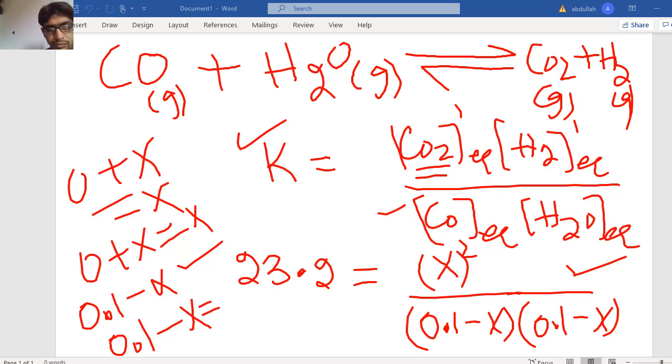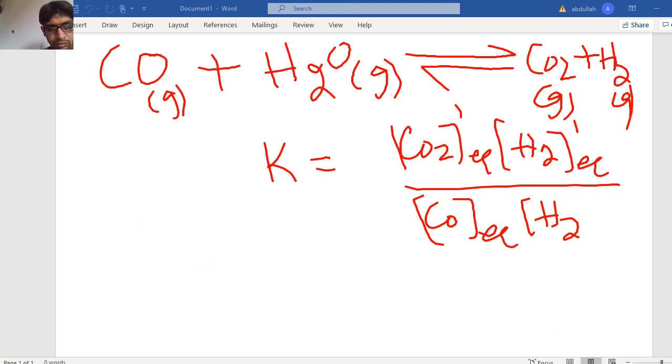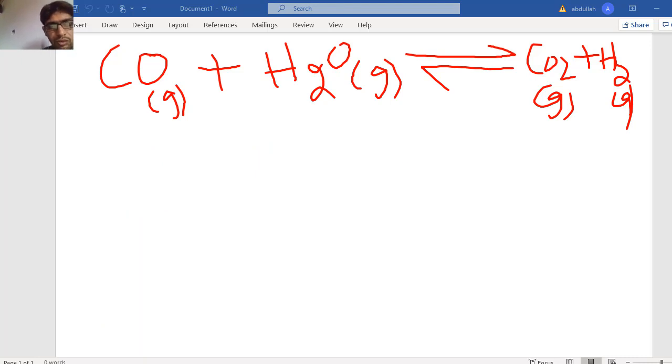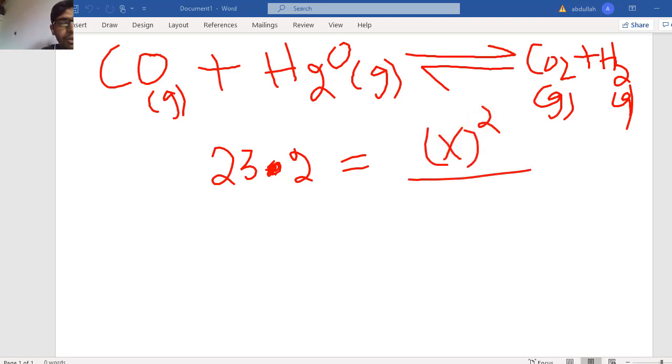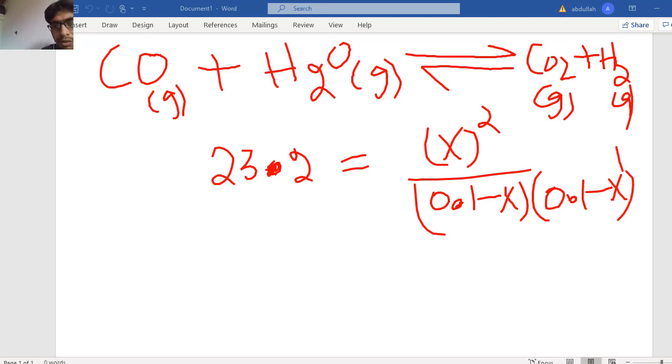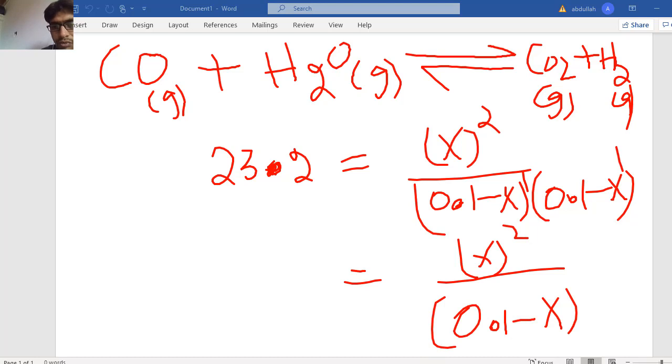So the equilibrium constant was given, 23.2, and the equilibrium concentration for carbon dioxide was x, for hydrogen was also x, and for carbon monoxide and water it was 0.1 minus x each. These powers, when combined, give x squared over 0.1 minus x squared, since 1 plus 1 is 2.